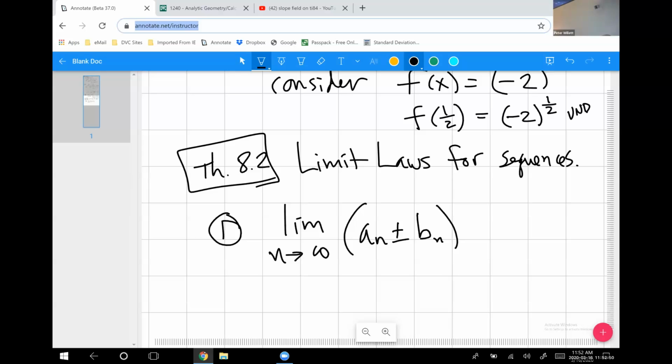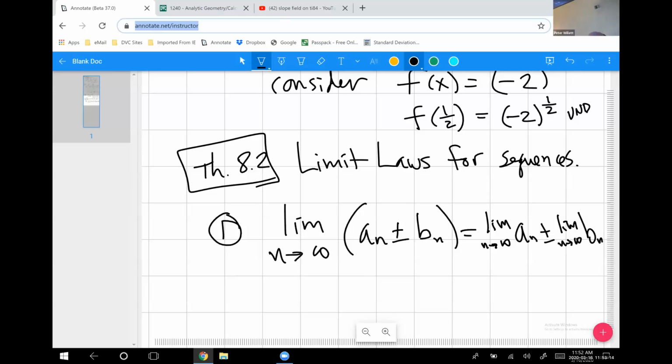And this is basically going to say the same thing. So this says that you could evaluate this if you were able to figure out the limit as n tended to infinity of the first sequence. Then you could add or subtract from that the limit, if you could figure it out, as n tends to infinity of the second sequence.